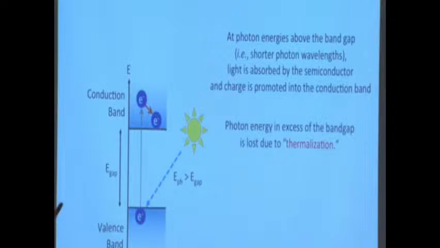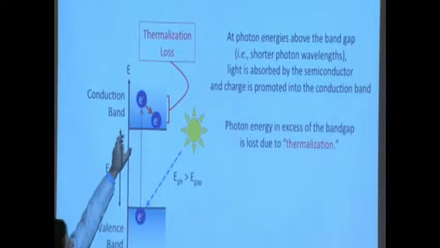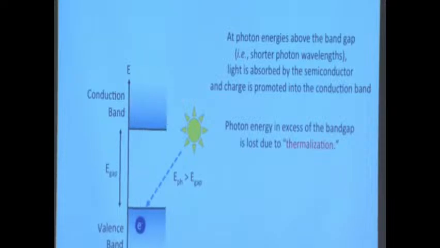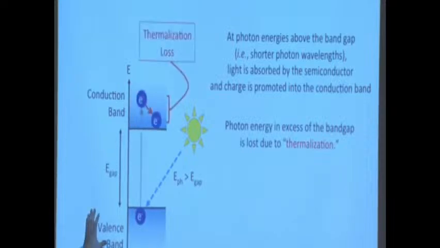And this little arrow shown in red right here has a component in the y-axis, in E space here, which is a finite energy. We can quantify that. That thermalization loss right there is the difference between this energy level and that energy level of the electron. And so that's the thermalization loss. That is another type of loss of a semiconductor crystal. So we've discussed two so far.